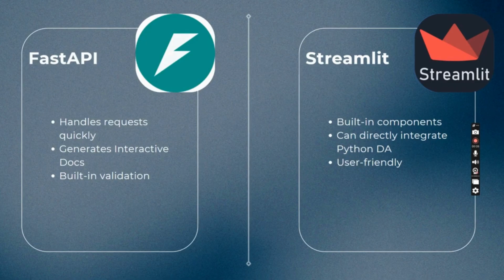Because FastAPI can handle a large amount of requests quickly, and can generate interactive documentation, which we will see later on, and also has built-in validation, for example, the response model. And Streamlit has built-in components and can directly integrate with data analytics in Python, which is very useful and also user-friendly.